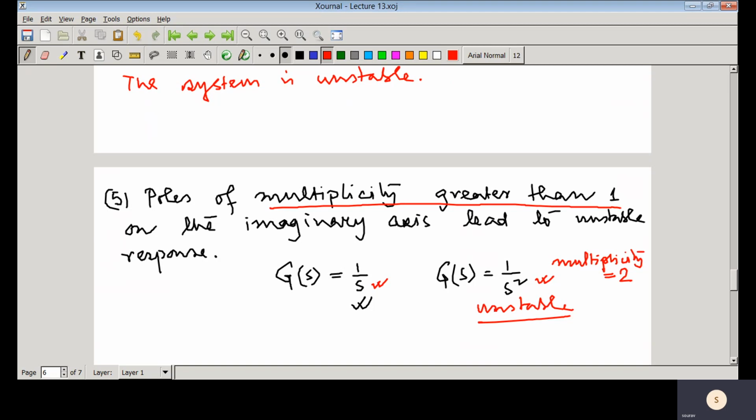So when t tends to infinity it goes to infinity, which gives you the unstable response that we have studied, whereas in the earlier case it remains constant. That's why whenever a system has poles on the imaginary axis with multiplicity greater than 1, it gives you unstable behavior.